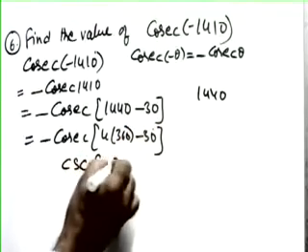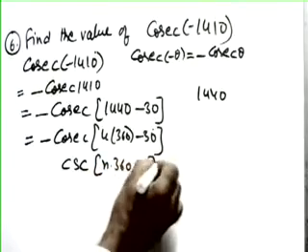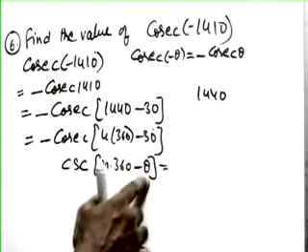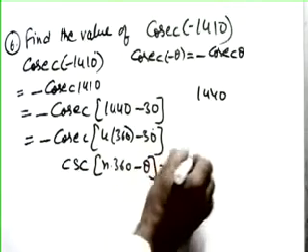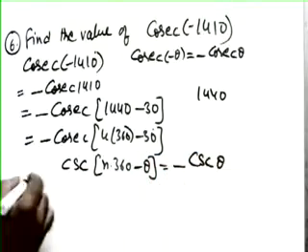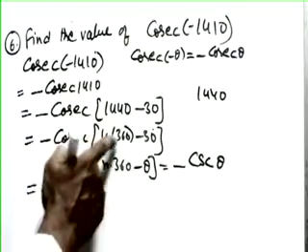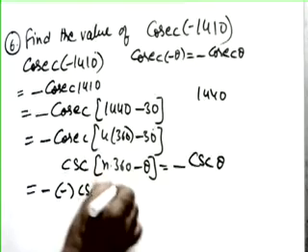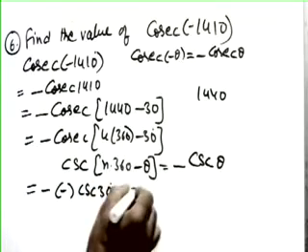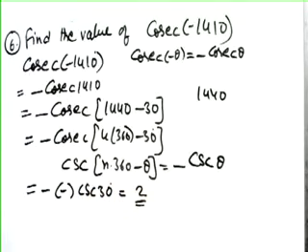We can use the formula cosec of n into 360 minus theta, which is the same as cosec of 360 minus theta. This is the fourth quadrant, where cosec of 360 minus theta is minus cosec theta. So minus cosec of 360 minus theta is again minus cosec theta. What is theta here? 30. So minus 1 times minus is plus, and cosec 30 is 2.